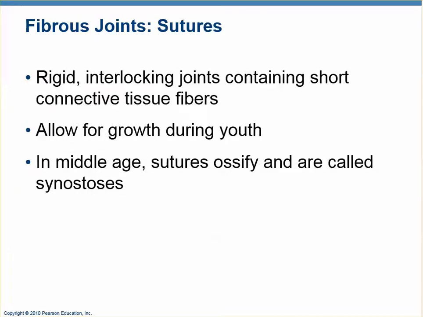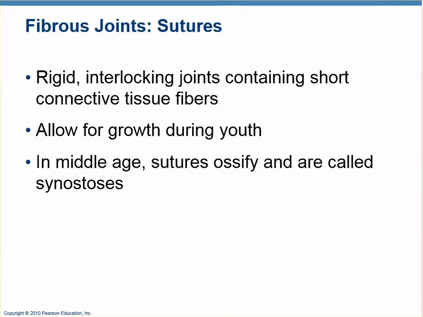So sutures are the first one. Sutures go bone, bone. Sometimes sutures are called synostoses. Syn, coming together, os, bone. So these are rigid joints. They interlock. There's some very short connective tissue fibers.